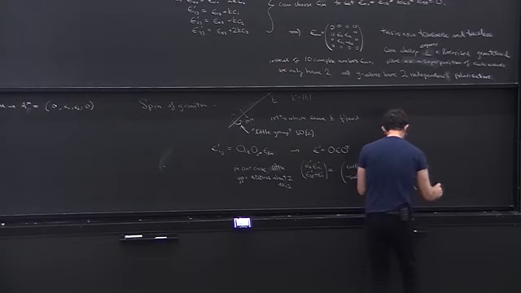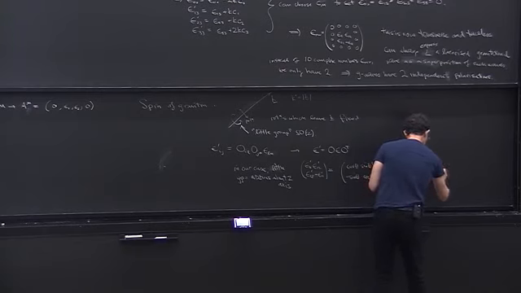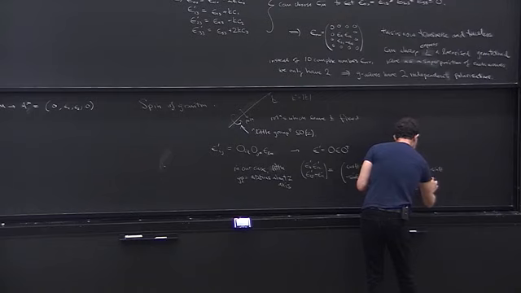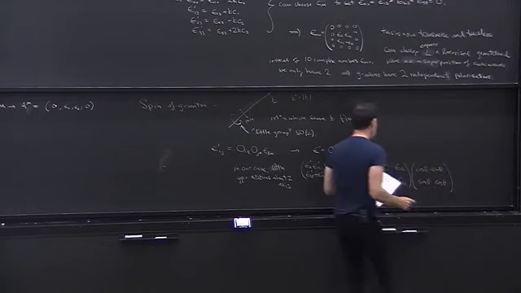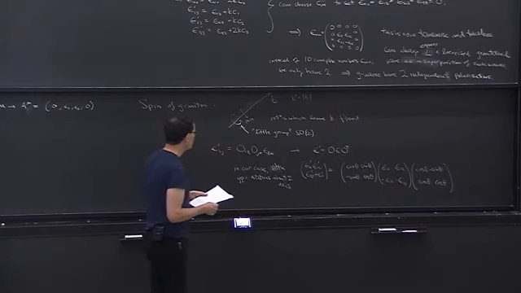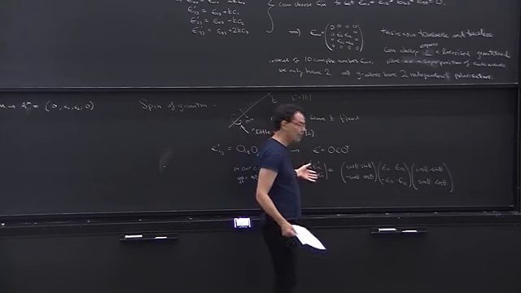And then we have a rotation matrix again. Cos theta, sine theta. I want the transpose this time. Sine theta, cos theta. Okay, so that is how the epsilons transform.